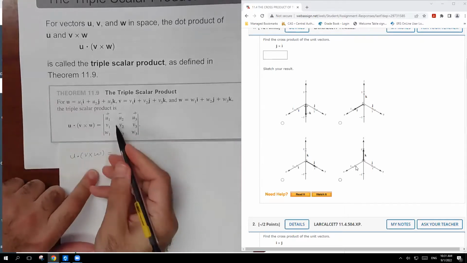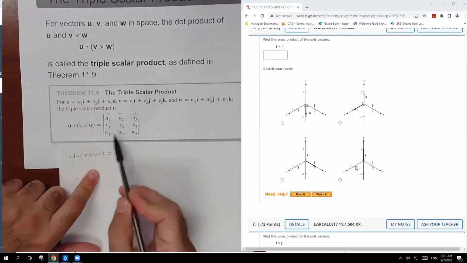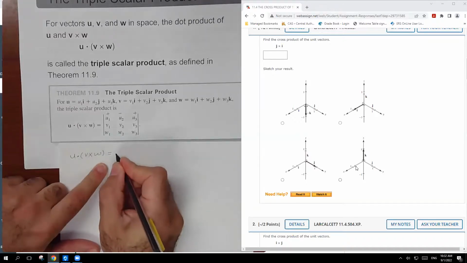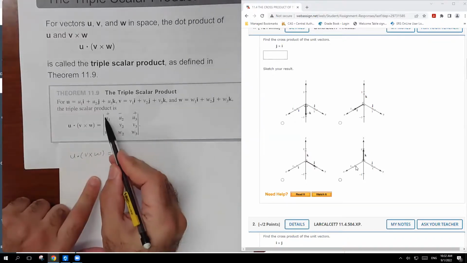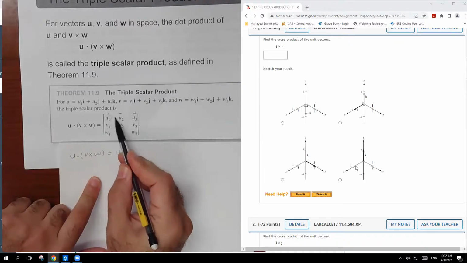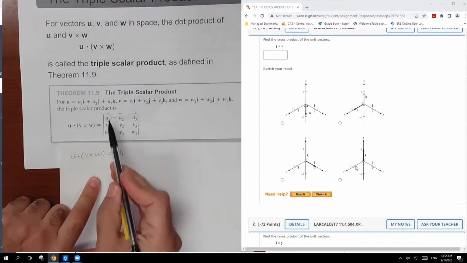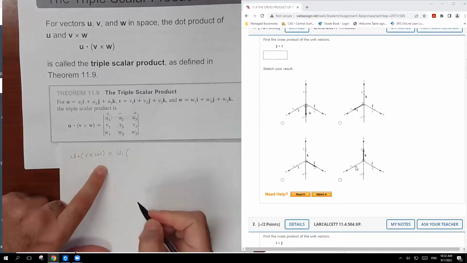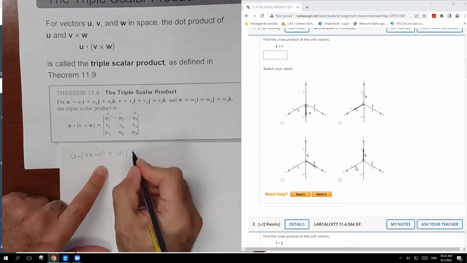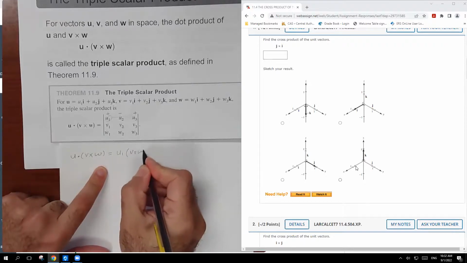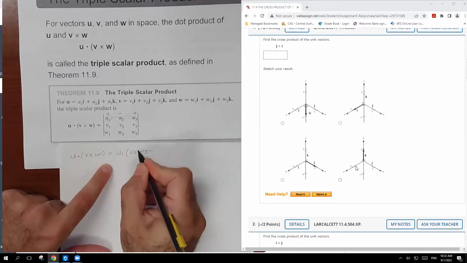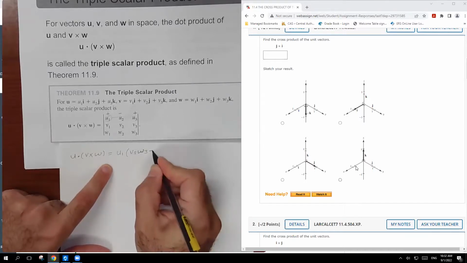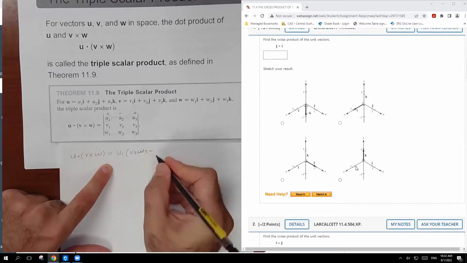Now we have three vectors, 1, 2, 3. For U1, we take this number, cross out this line and this line. So for U1 it's going to be V2 W3 minus V3 W2.